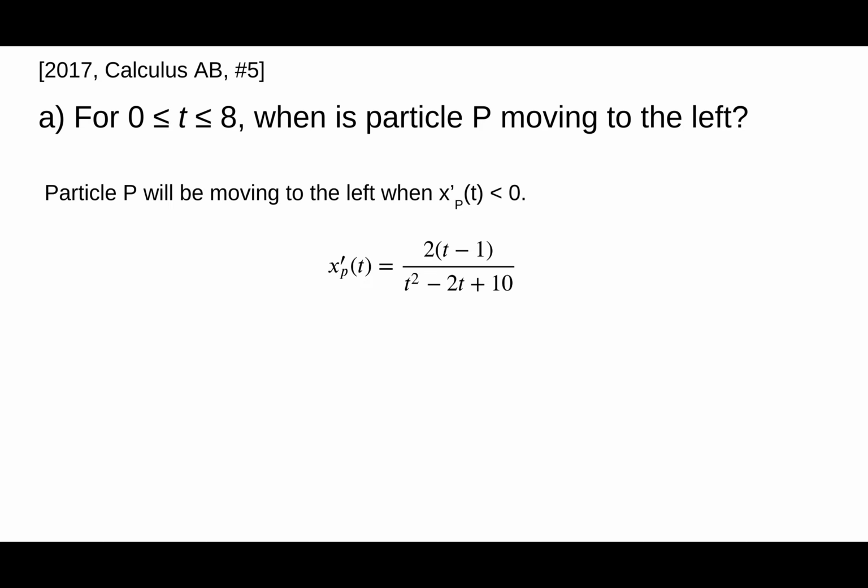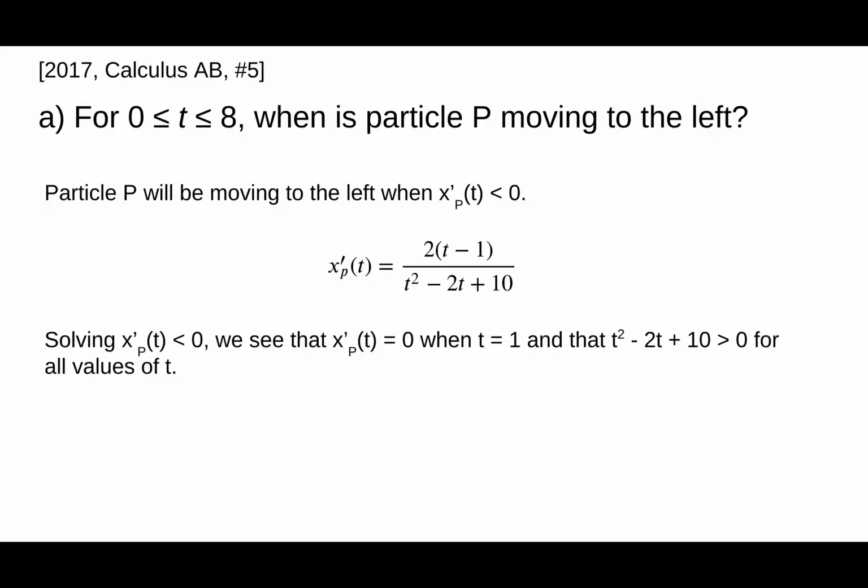Now, in order for this to be negative, we have to determine the sign of both the numerator and the denominator, since a positive divided by a negative or a positive divided by a positive, several things could happen. Because of the numerator, we know that the function x prime P of t is going to equal 0 when t is equal to 1.